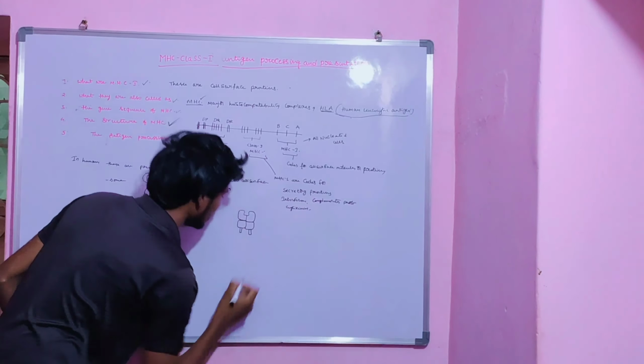This is another cytotoxic CD8 positive cell. CD8 positive cells. This is alpha 1 and alpha 2, beta 1, beta 2.